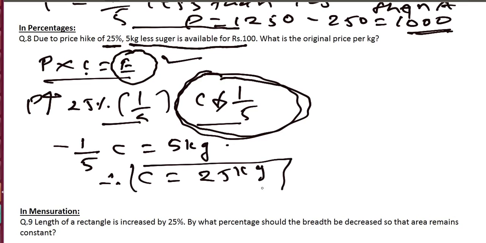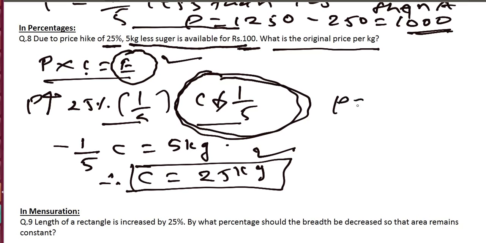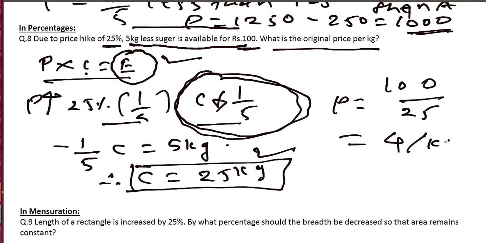The question asked is what was the original price. So the original consumption is 25 kg, the original expenditure is 100 rupees. So the price is equal to expenditure upon consumption. So 100 by 25, that is rupees 4 per kg.